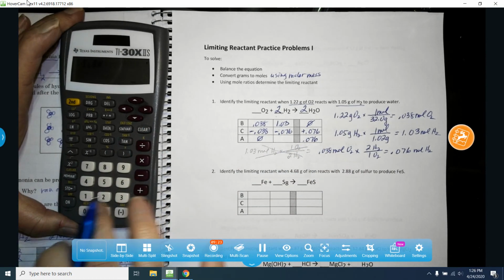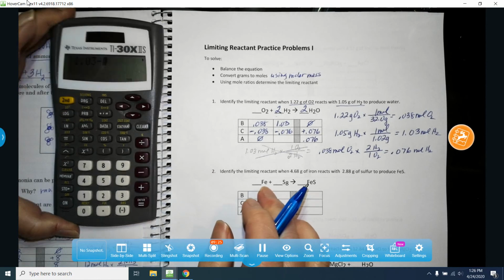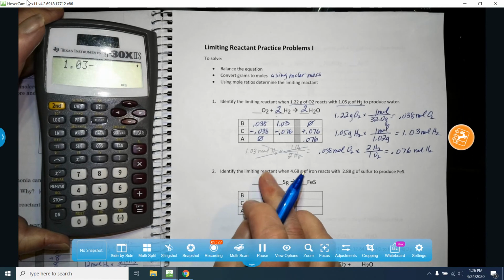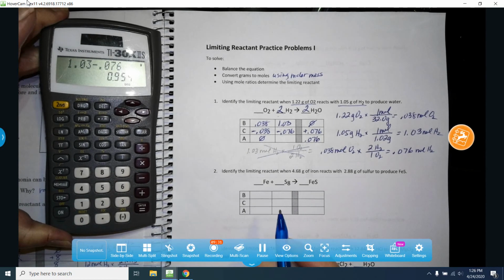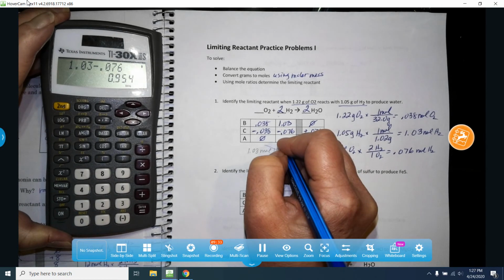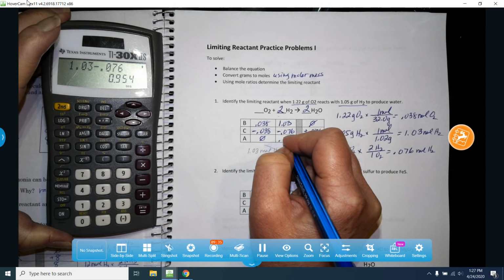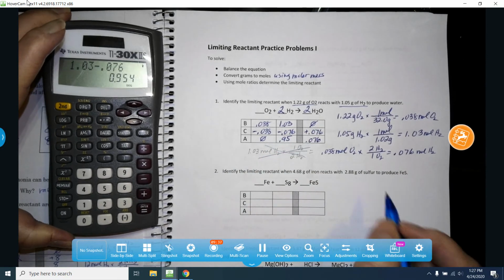So 1.03 minus 0.076, and I get 0.95. I'm going to round it there.